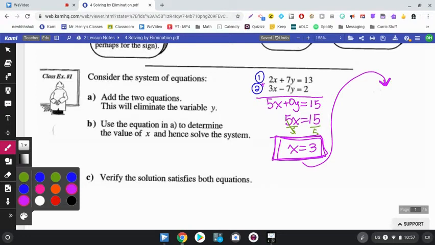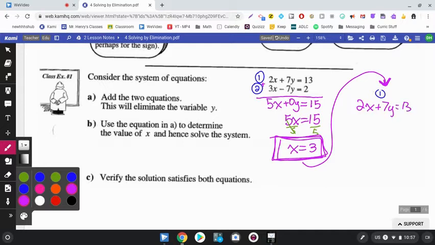But the thing is, I know the value of x. So if I plug the value of x in here, I could solve for y. Or if I go to equation 1 and plug x in here, I could solve for y. It doesn't matter. I have two equations that need to satisfy the x and y, so I could plug into either. So I don't know, for simplicity's sake, let's just do equation 1. Okay, the first one.